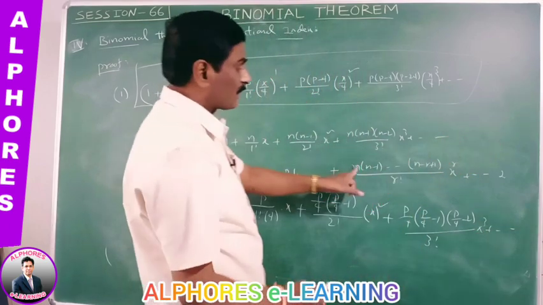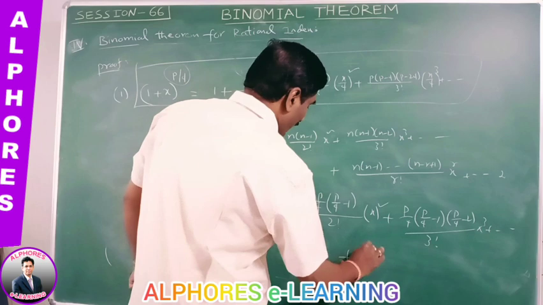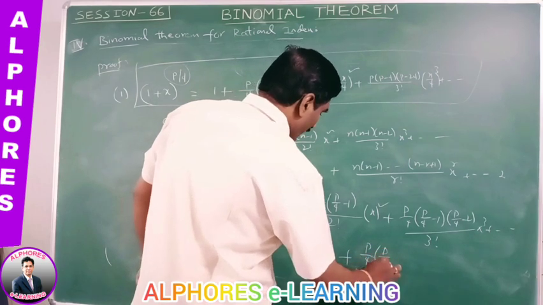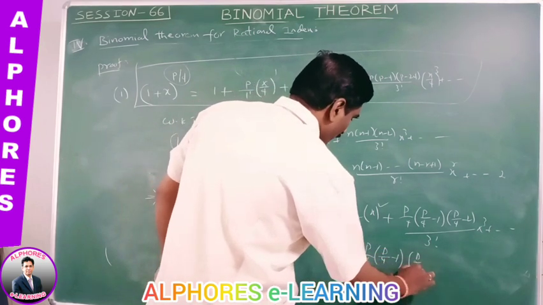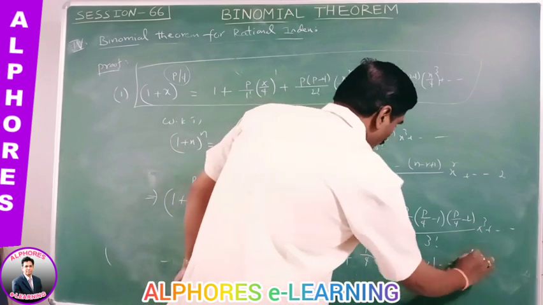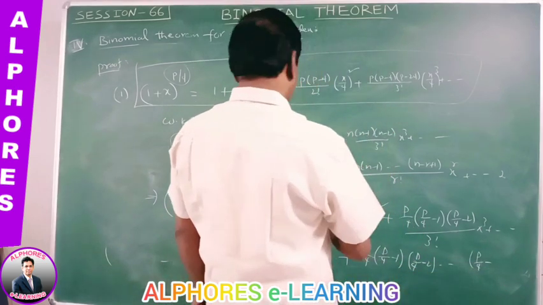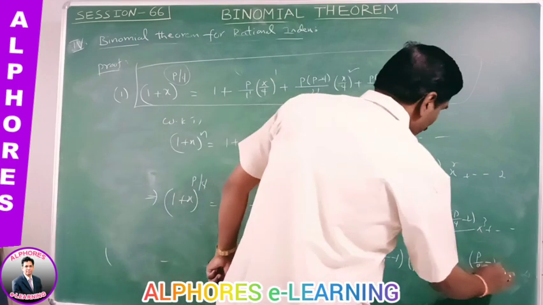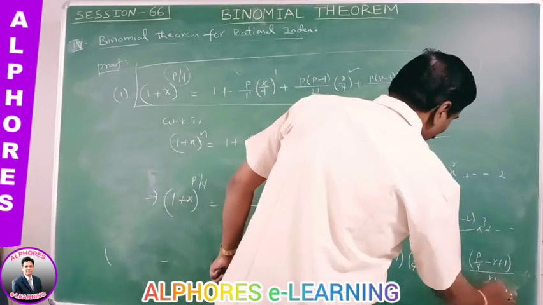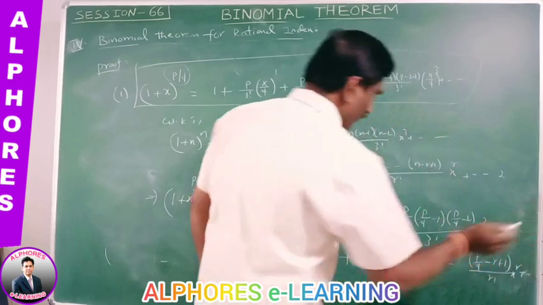Similarly, in the last term, p by q into p by q minus 1 into p by q minus 2 into so on, p by q minus r plus 1 by r factorial into x power r plus so on, to infinity. Okay.